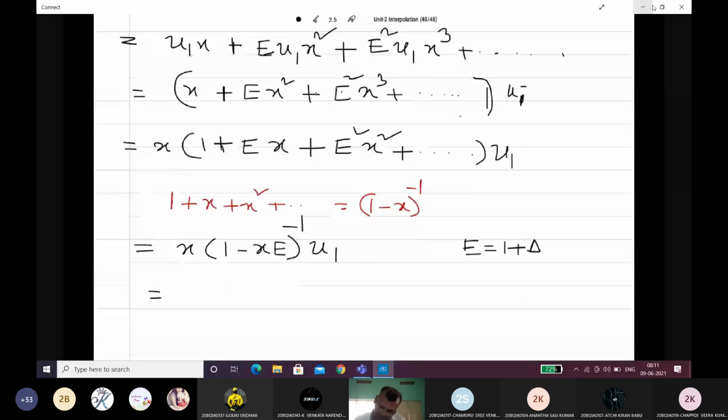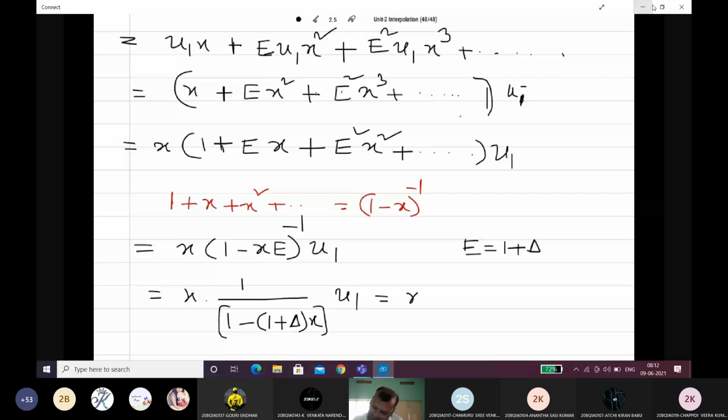That is equal to x into 1 by 1 minus (1 plus delta) x of u1. Now we have to split that one. That is equal to x into 1 by 1 minus x minus delta x, into u1 in the numerator.